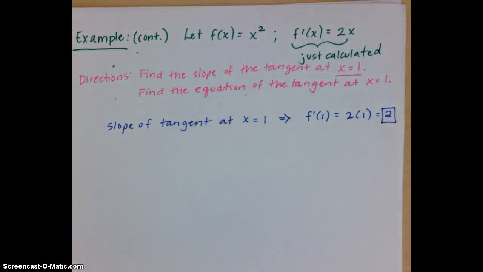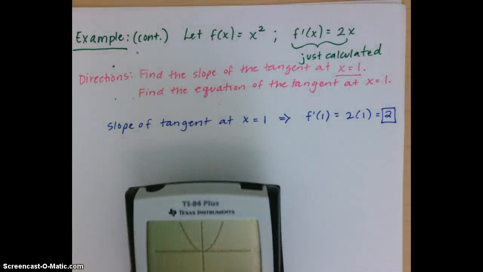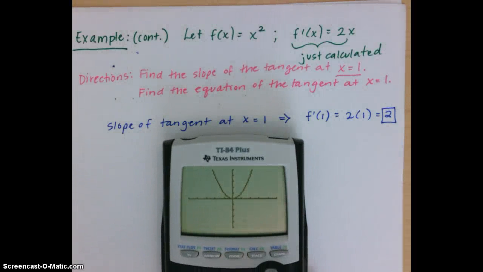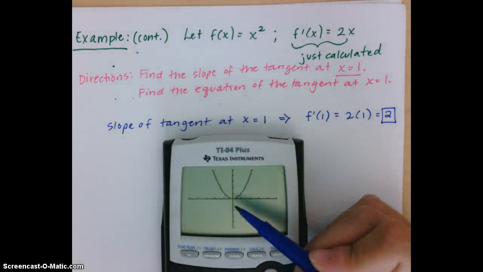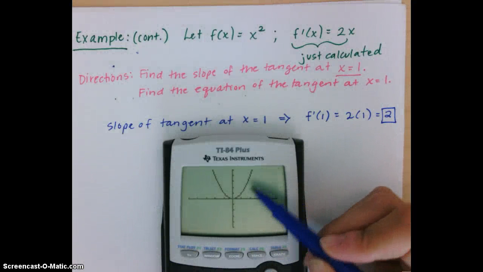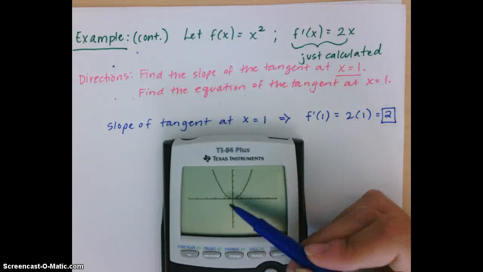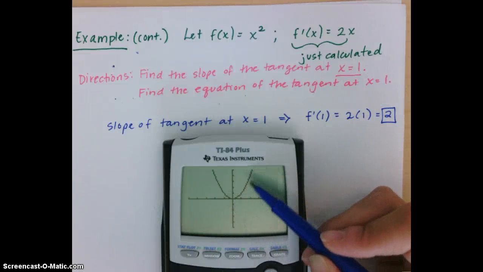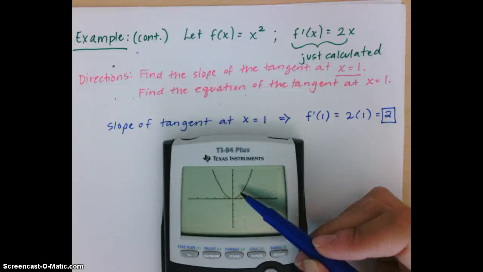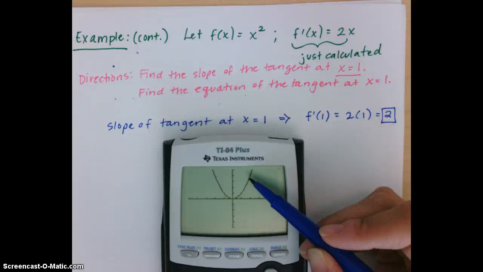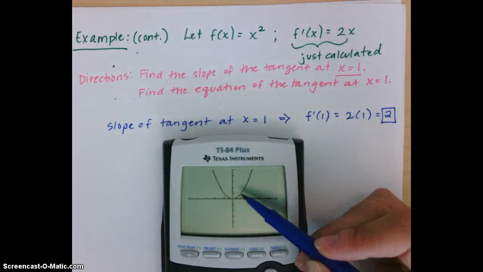Because think about the graph of x squared. Y equals x squared. I have it here on my calculator. Obviously, we can picture it in our heads. The slope changes. All right, these are not straight lines, so we don't have constant slopes. The slope changes as we move along the curve. So at x equals 1, the slope is 2. At x equals 2, the slope is now 4. It's a steeper tangent line here than it is here.